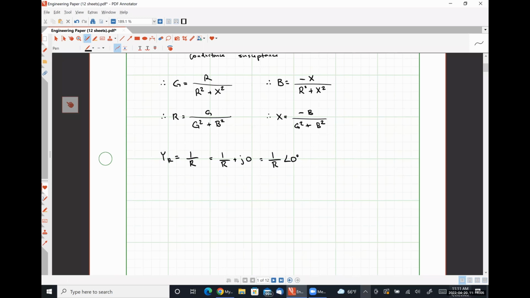From this, we can easily see that the units of admittance is the Siemens, much like that's the units of conductance in DC circuits.